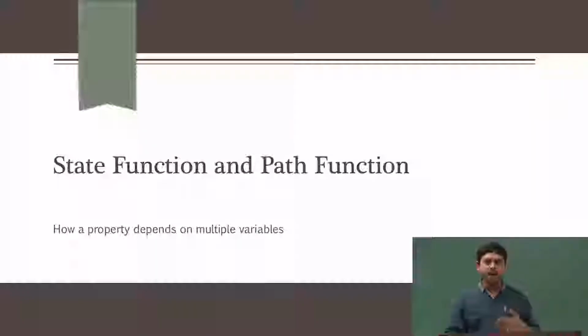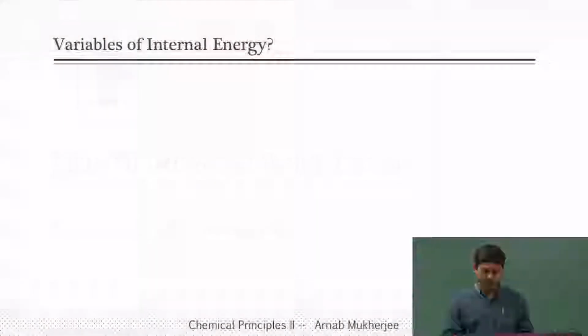Basically what it means is how a property varies as a function of its own variables, and that is called state function and path function. So it will become more clear today. What are the variables of internal energy?